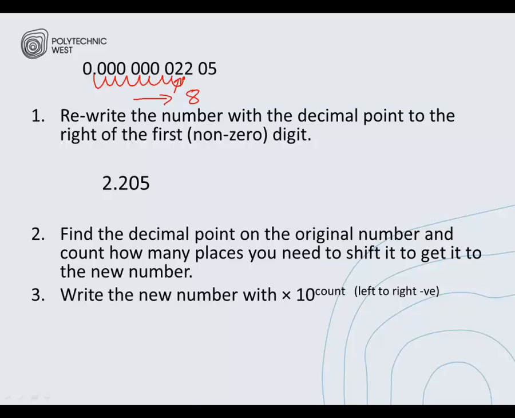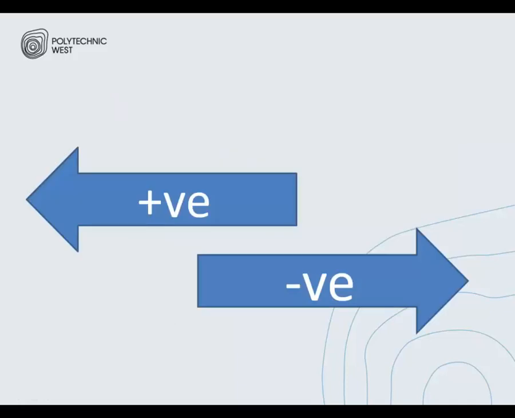Now we went left to right, so it's negative: 2.205 times 10 to the power of minus 8. Once again, easier to write. The rule to remember is when you go right to left, it's positive. When you go left to right, it's negative. Positive ones are for big numbers, negative ones are for little numbers.